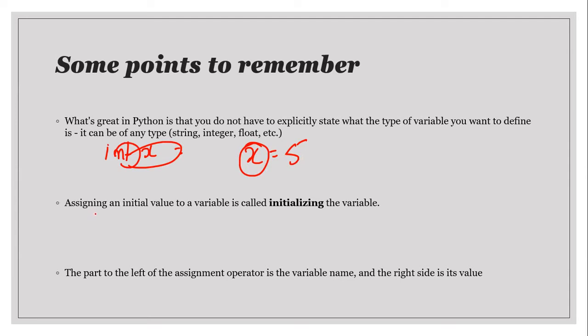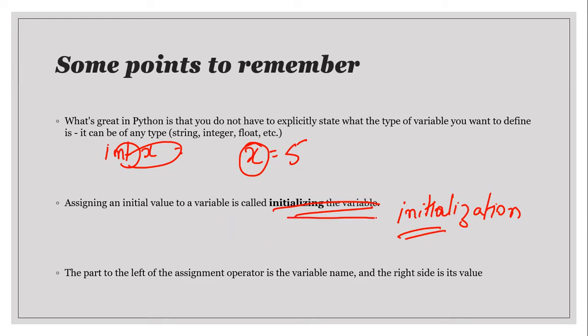Second is, assigning an initial value to a variable is called initializing the variable. So what is initialization? Initialization in English means basically something in the beginning. So initialization, initial state: we are declaring a variable, and we are assigning a value to it in the beginning.